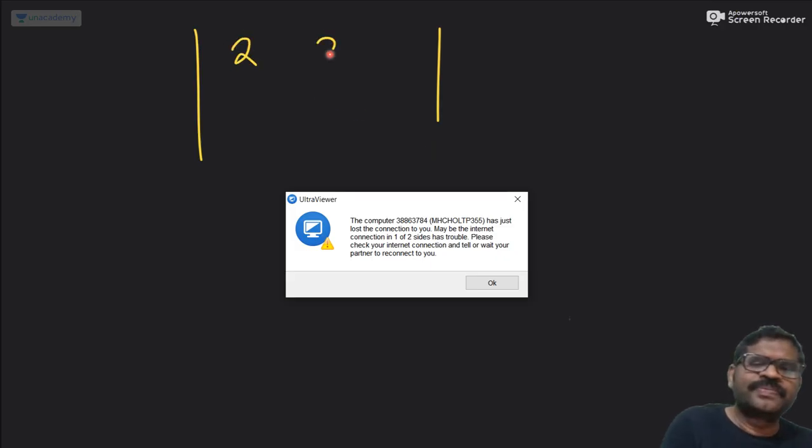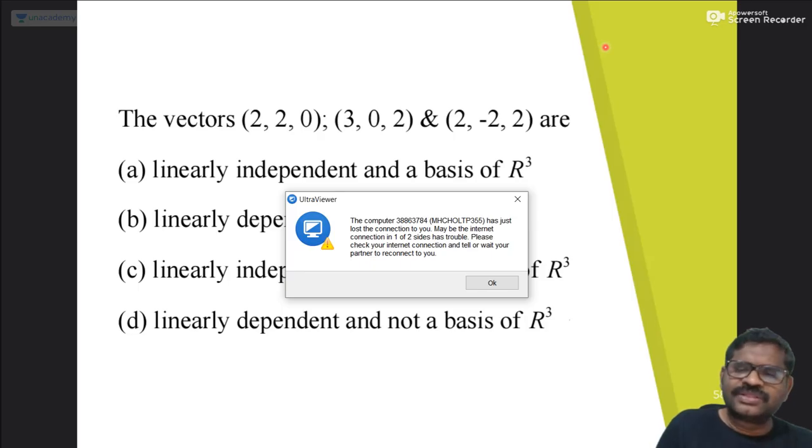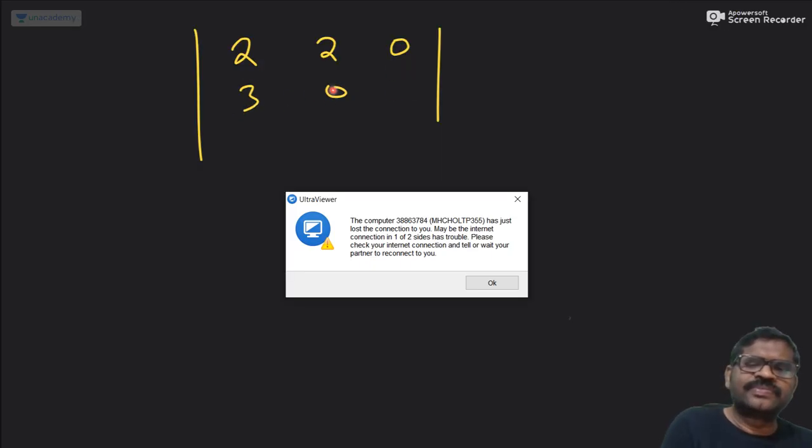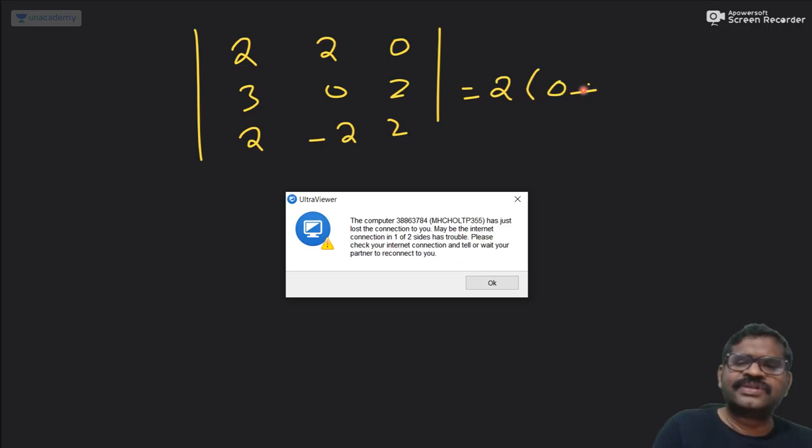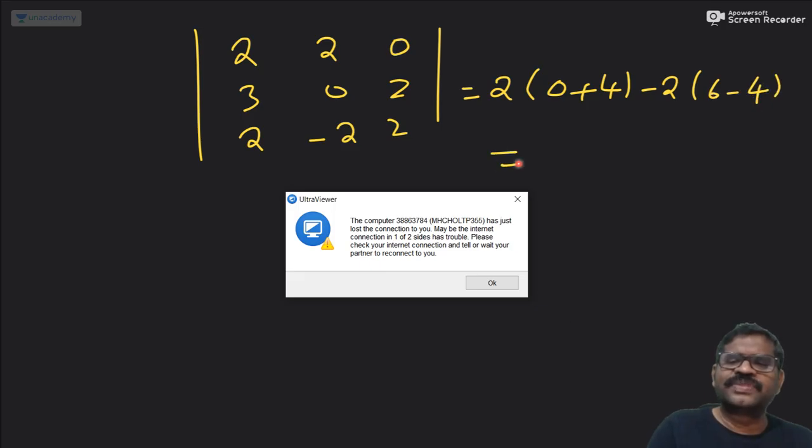If you calculate the determinant value in this problem, 220, 302, 2 minus 2 2, now 2 of 0 plus 4, minus 2 of 6 minus 4, 8. 6 minus 4 is 2, 2 to 4, finally 4, non-zero.